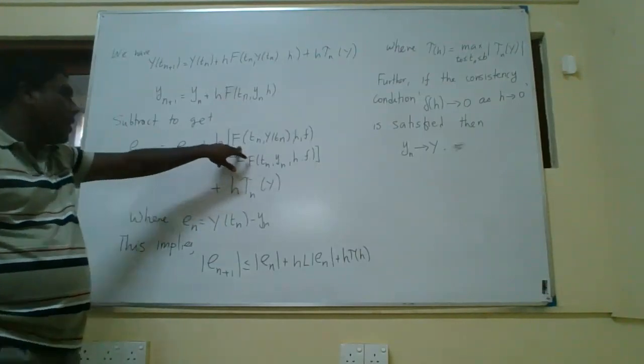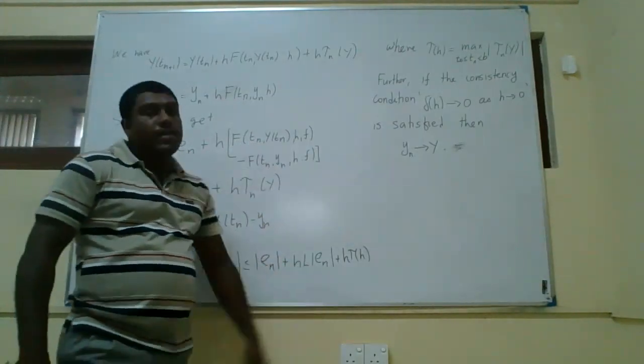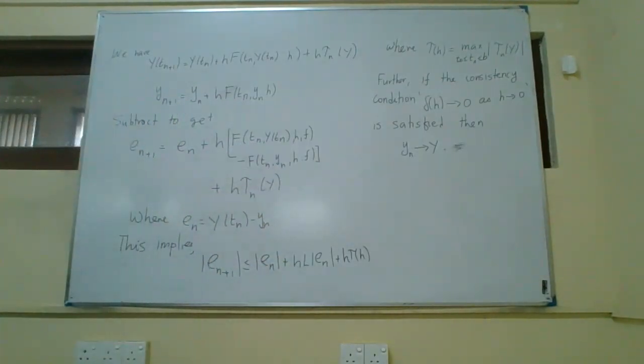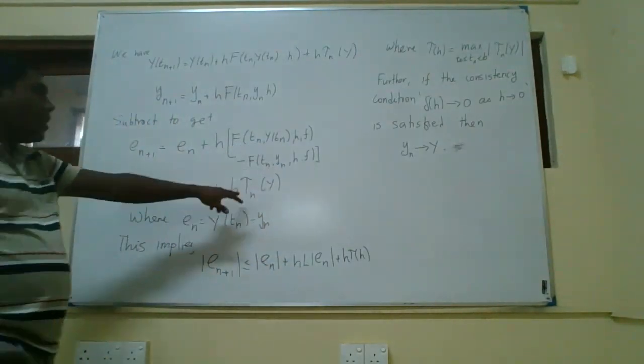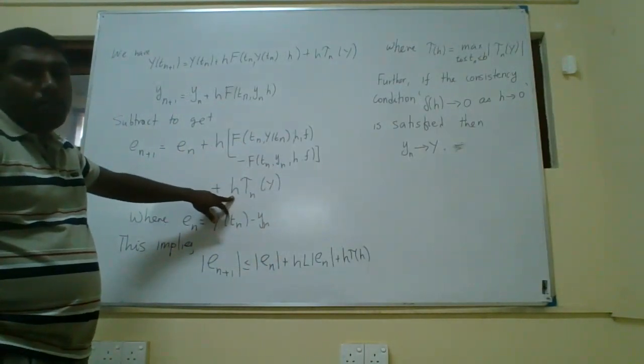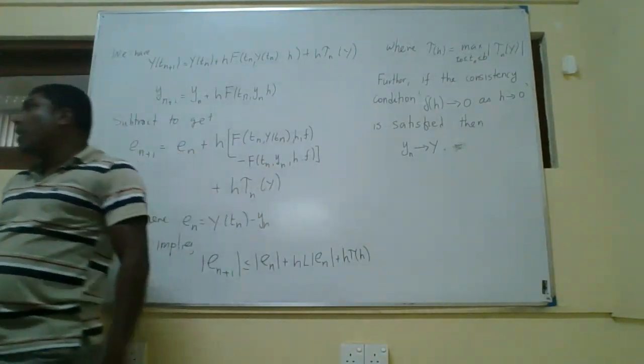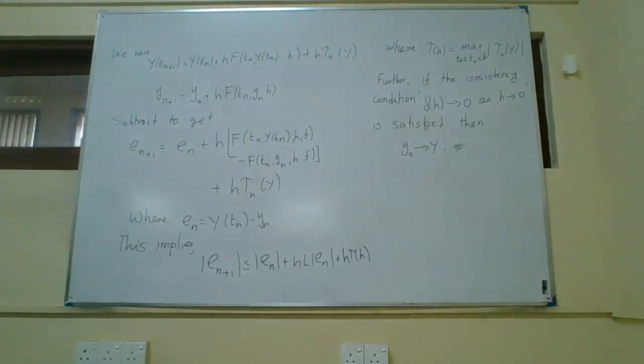So obviously you will get h times L times Yn minus y of Tn, so h times L times the absolute value of En. And then for this, you take the maximum of tau n. The maximum of tau n is basically equal to tau of h, right? So this is what you have here, right?